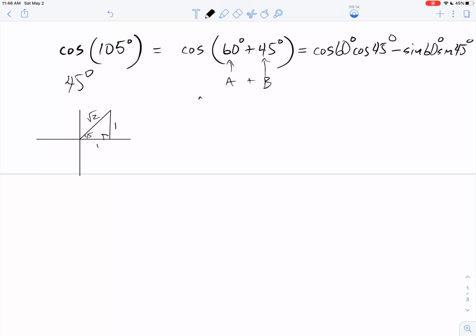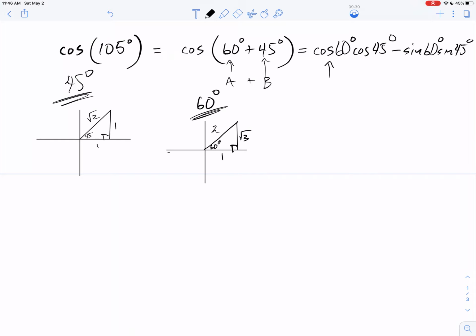And then I'm going to draw a 60-degree reference triangle. I can call this guy rad 3. This guy is 1. This guy is 2. And so I'm going to use my 45 and my 60-degree reference triangle to get all this information here.